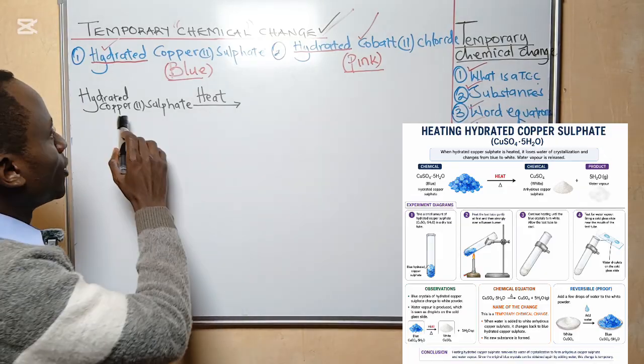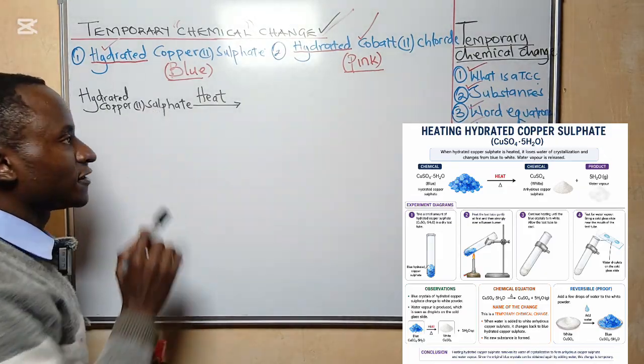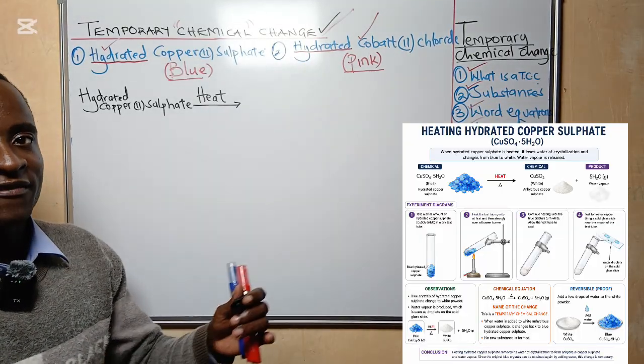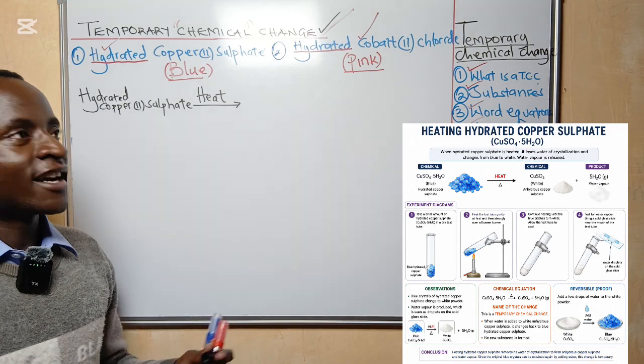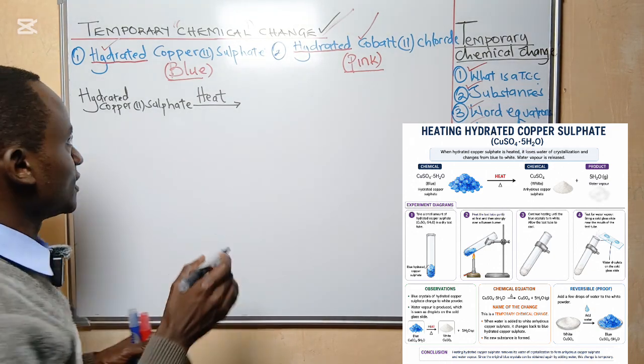Now, the white powder formed when we heat hydrated copper 2 sulfate is called anhydrous copper 2 sulfate, right? Then the colorless liquid in this case is water. So let me write the equation.